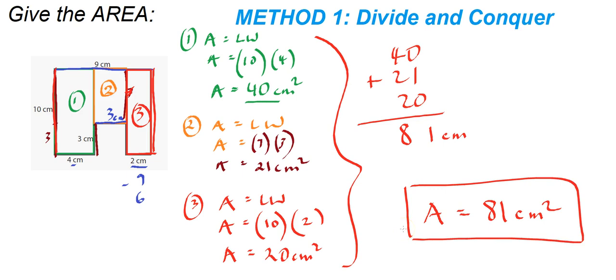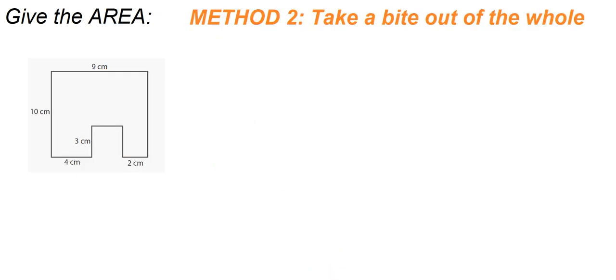So that's one way that you can solve this particular kind of problem. The other way for U shapes is probably even easier. It's the take a bite out of the whole approach that we've used before. Now, what does the whole refer to? Well, the whole refers to imagining that this compound shape with its gap here is a whole rectangle.